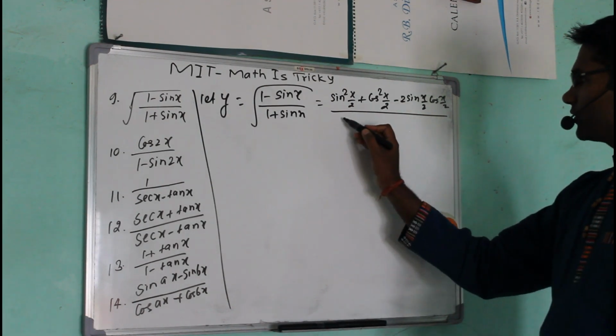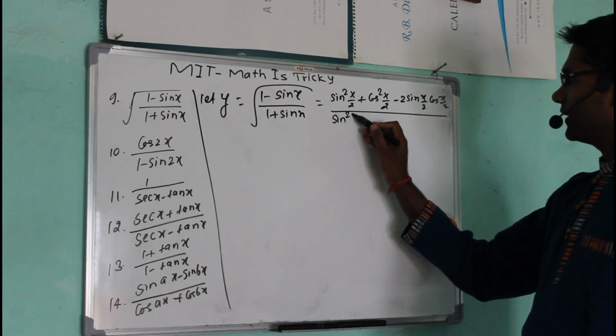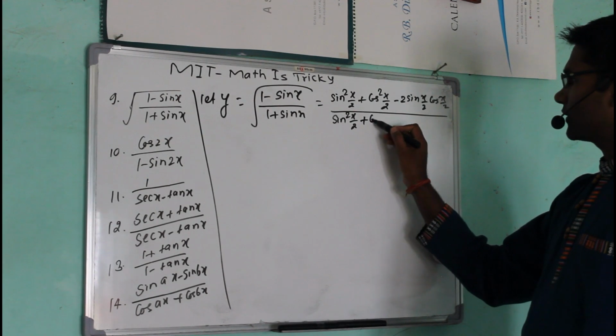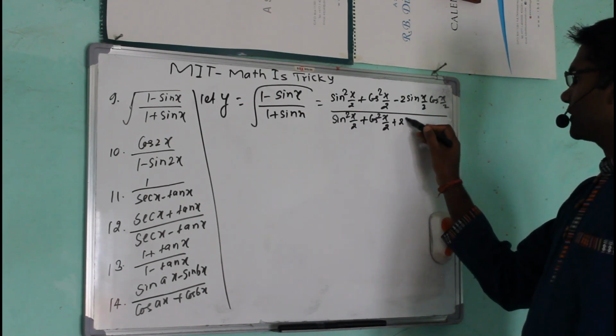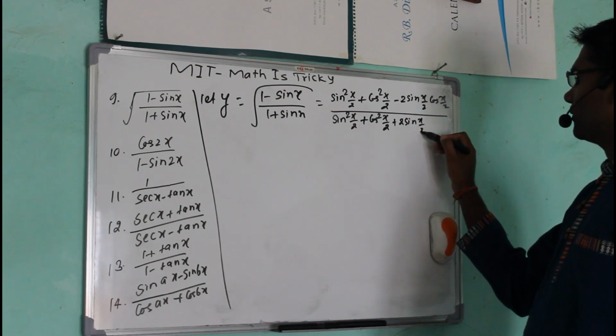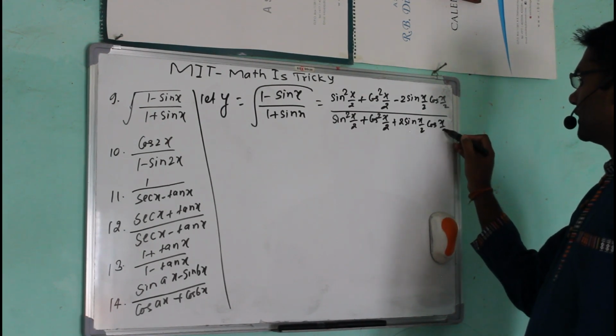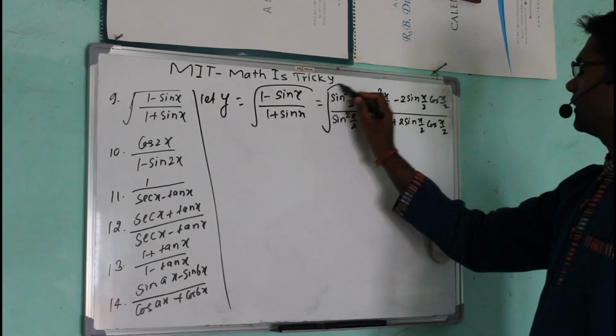And then for the denominator also the same thing: sine square x by 2 plus cos square x by 2 plus 2 sine x by 2 cos x by 2, inside whole root.